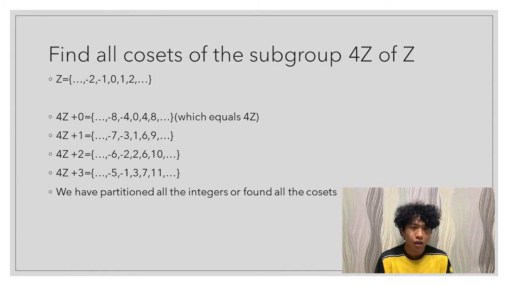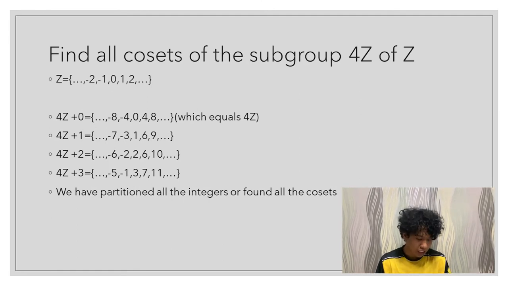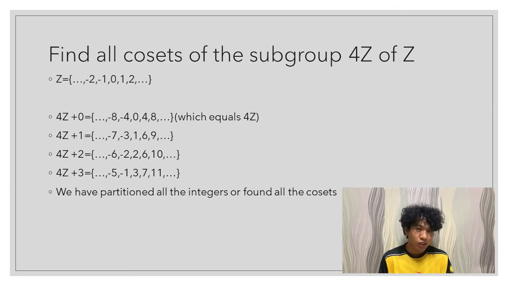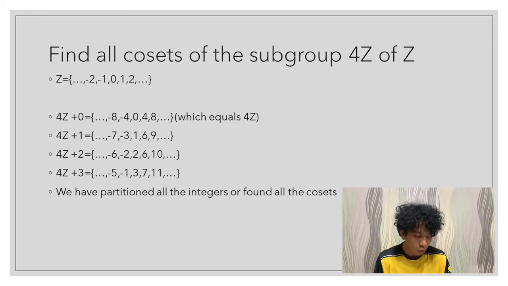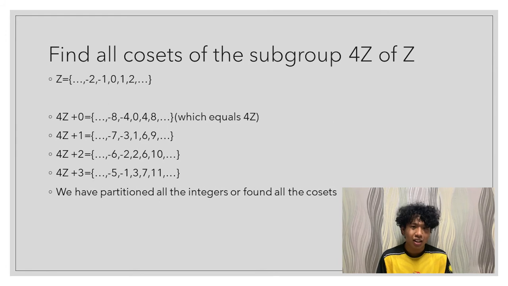Multiples of 4 plus 1 give us negative 7, negative 3, 1, 5, and 9, and so on. When we add 2, we get negative 6, negative 2, 2, 6, and 10, and so on. And when we add 3, we get negative 5, negative 1, 3, 7, and 11, and so on. So we have partitioned all the integers, or we can say that we have found all the cosets.